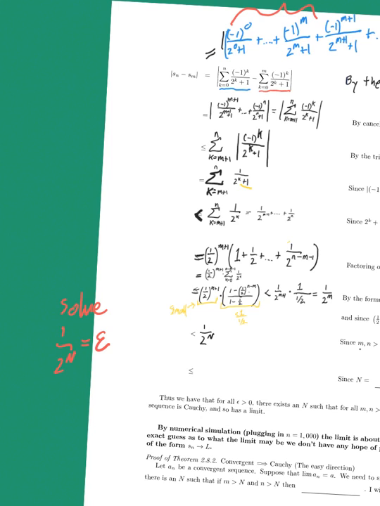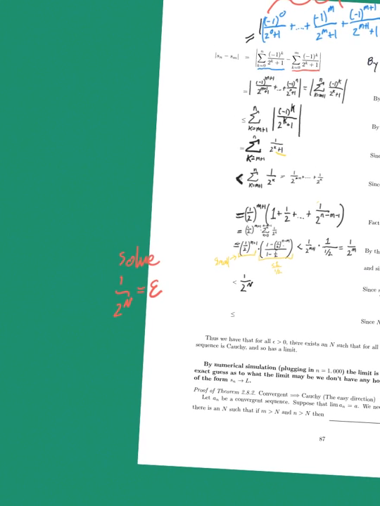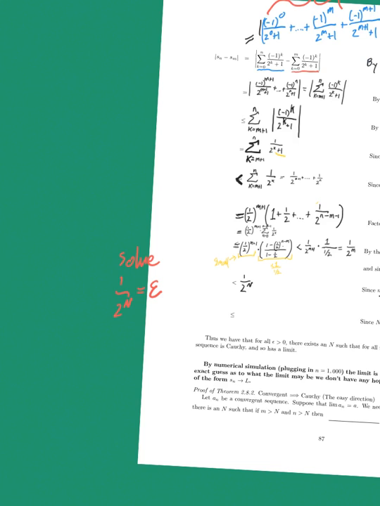This will be the one that will give the optimum choice of big N given this logic. But it'll also require us to know about logs, which we haven't rigorously checked that they exist. So here, I'll give you one mindset and another one. So here's one mindset. Just set that equal to epsilon and solve for big N.